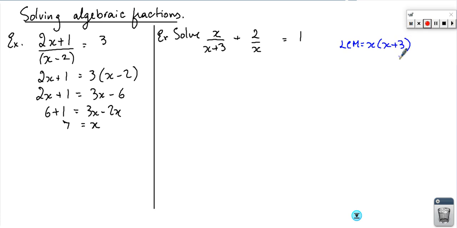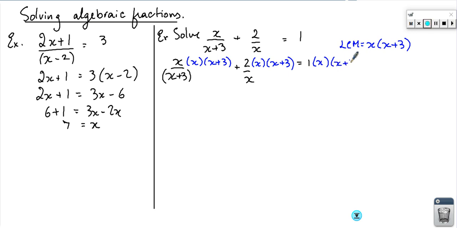What am I going to do? I'm going to take that LCM and multiply each of these 3 terms by the LCM. So I have x/(x + 3) multiplied by the LCM, x(x + 3), plus 2/x multiplied by the LCM, x(x + 3), is equal to 1 multiplied by the LCM, x(x + 3).